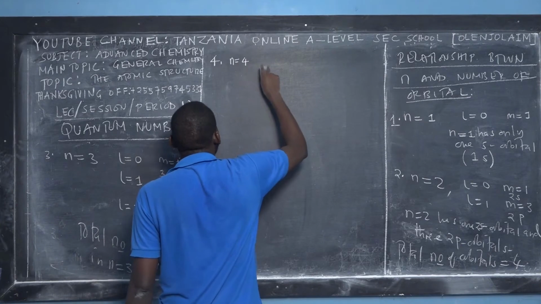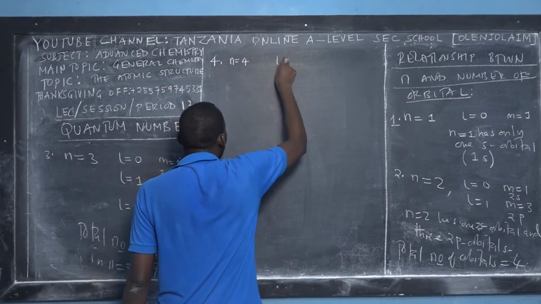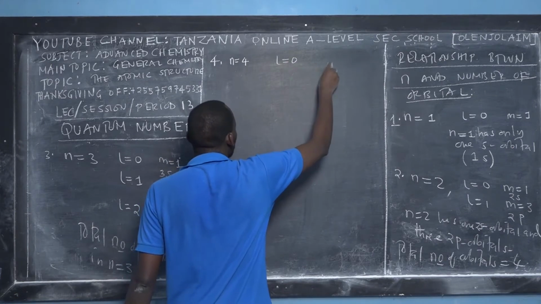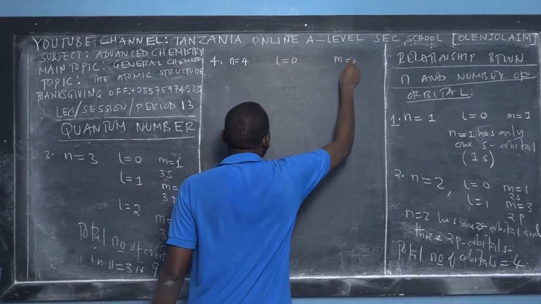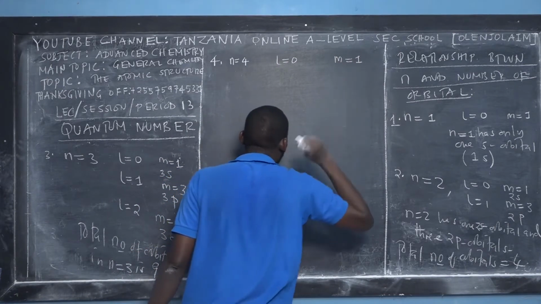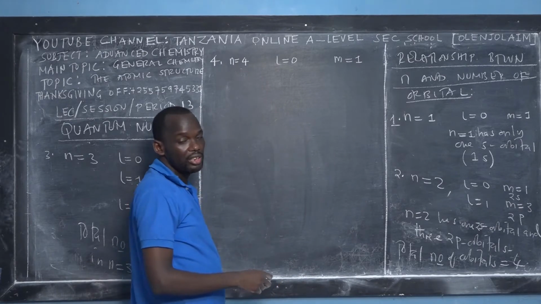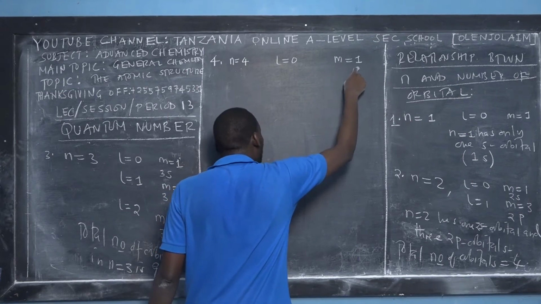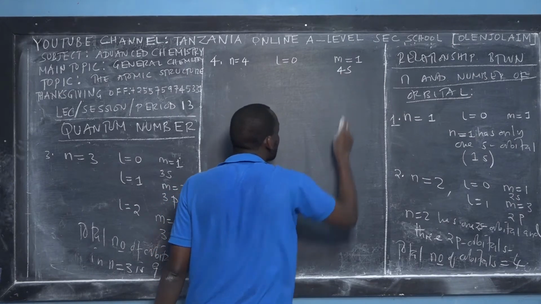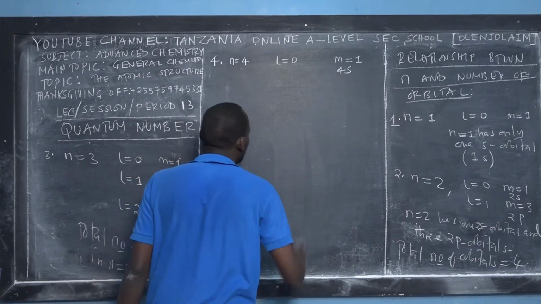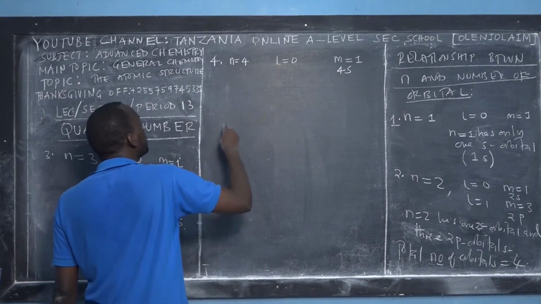When the principal quantum number is equal to 4, we have 4 subsidiary quantum numbers. The first one, L is equal to 0, gives a magnetic quantum number of 1, so we have only one s orbital. But because the principal quantum number is 4, in chemistry we don't write 1s, we write 4s. I will teach you about this in electronic configuration in the next lectures.